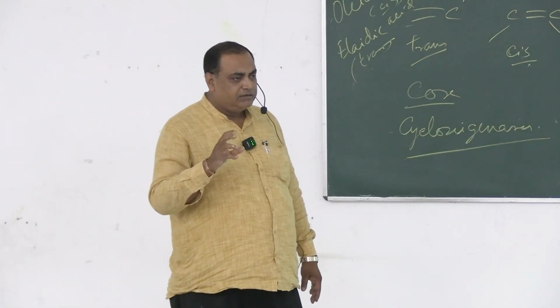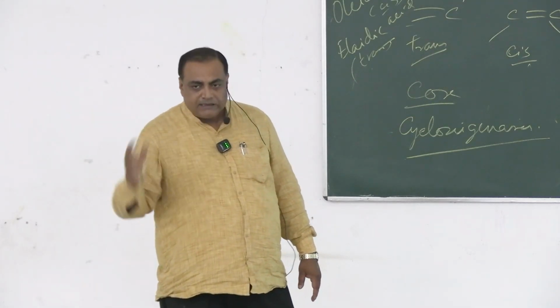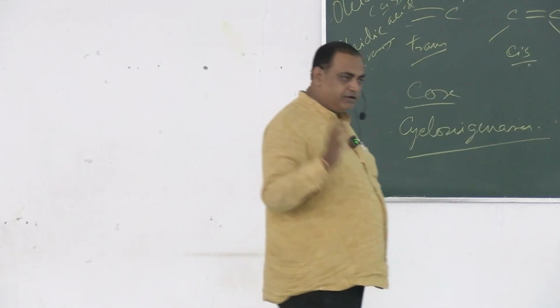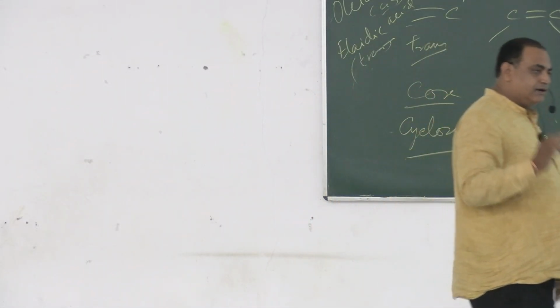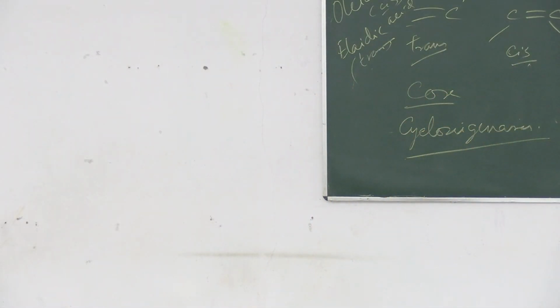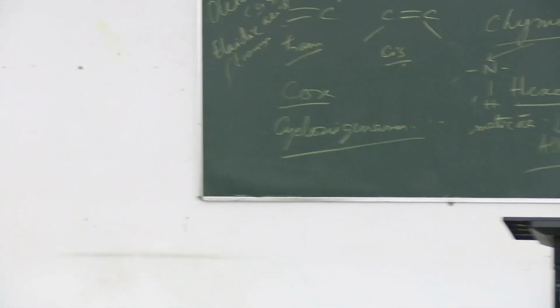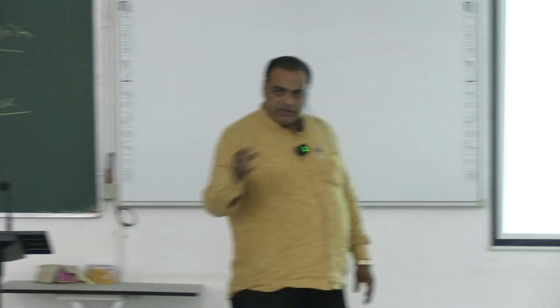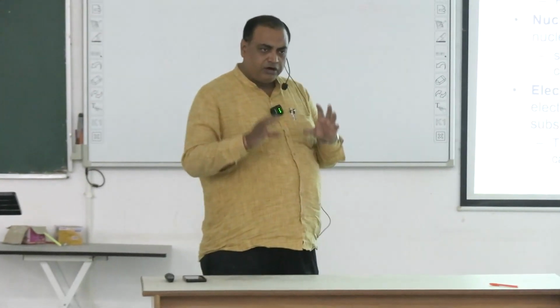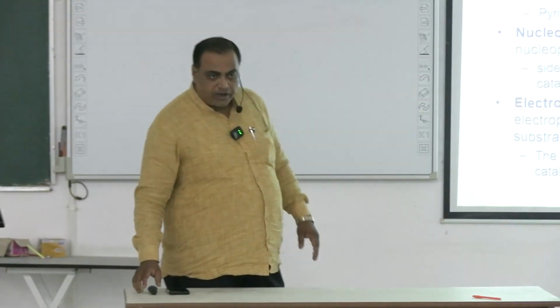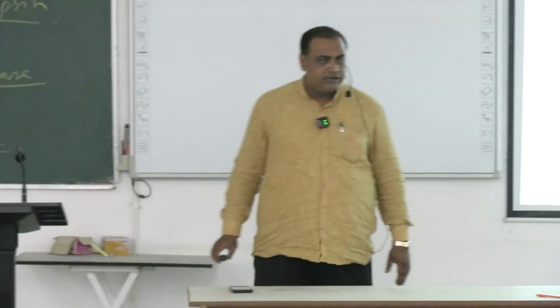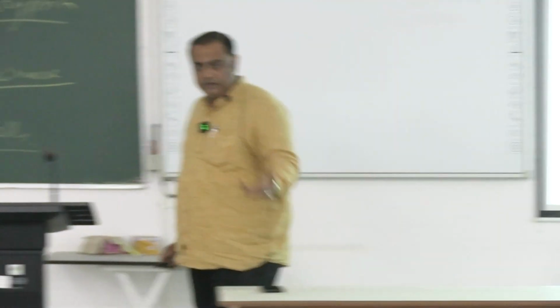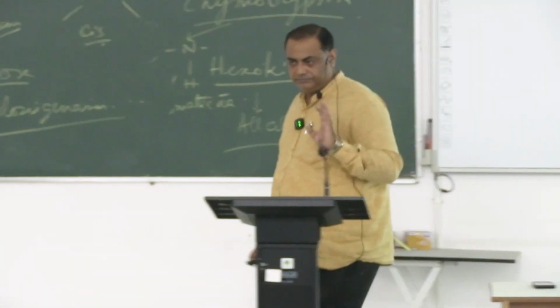By forming a covalent bond. The best example of covalent catalysis is carbonic anhydrase, the enzyme which puts water into carbon dioxide to form carbonic acid, where the concentration is 10 times higher inside the RBC compared to plasma.